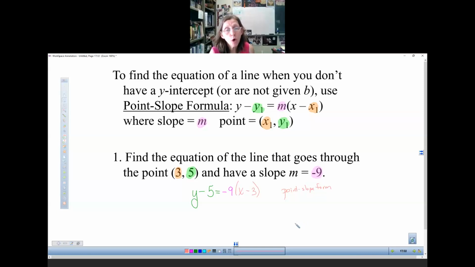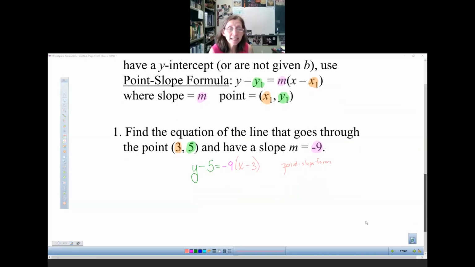Now, if you want the slope intercept form, and sometimes you're going to need the slope intercept form, to get the slope intercept form, we're going to take a couple of extra steps, all right? So I'm going to make a note over here. So we have y minus 5 is equal to negative 9x plus 27, right?